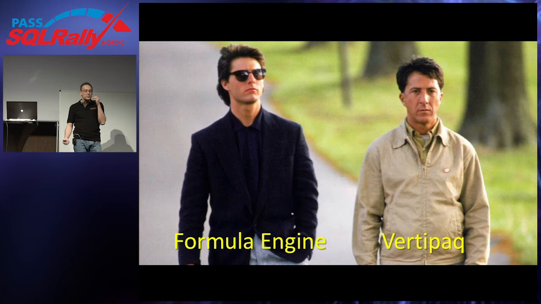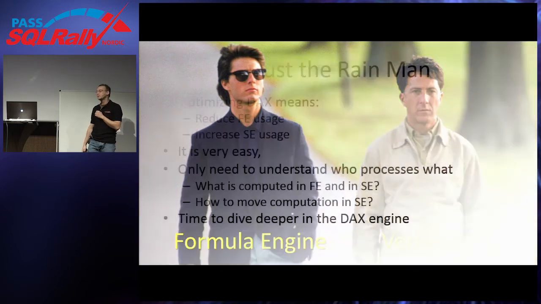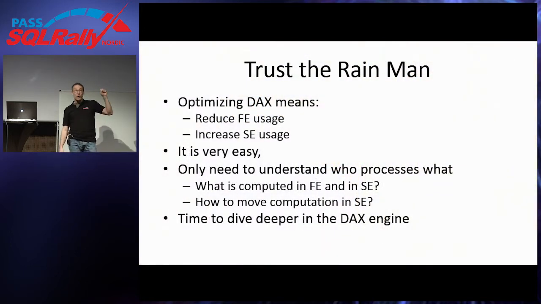So, why is all of this needed in order to optimize your queries? Well, for one reason. Optimizing DAX means trust the Rain Man. Try to move all the calculations on storage engine and try to remove calculations from formula engine.